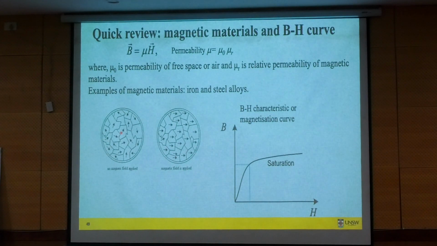But this direction is usually random, so there is no net magnetic dipole. But if you magnetize the electrical steel, all the dipoles align into one direction. And when they are all aligned, then we say it is saturated. The material is magnetically saturated. And even if we keep increasing H when they are saturated, we do not get any higher magnetic flux density. Okay, so that's the saturation.